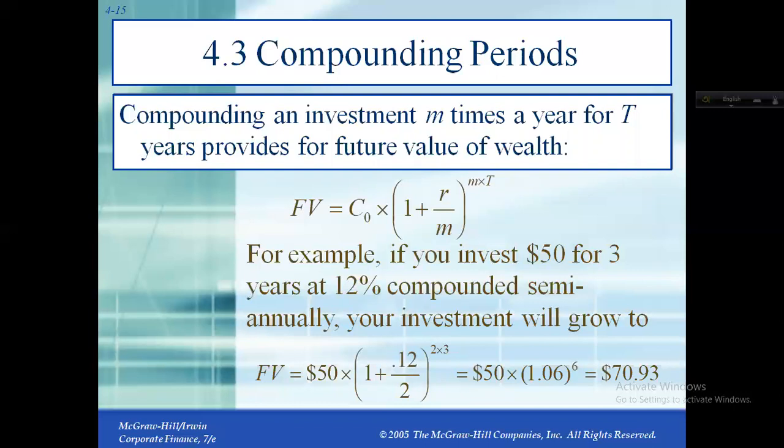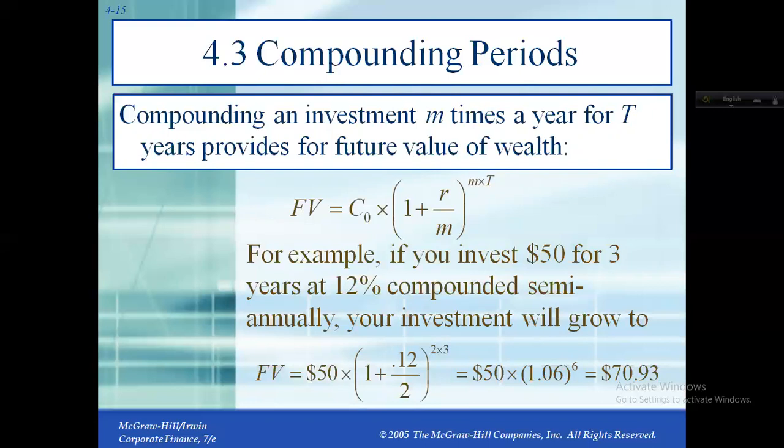If the value is compounded semi-annually, then compounding happens 2 times in a year, so M equals 2. So we divide R by 2, to the power of 2 times 3. We get a future value of 70.93.